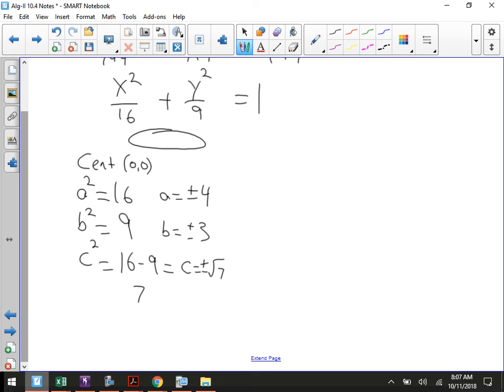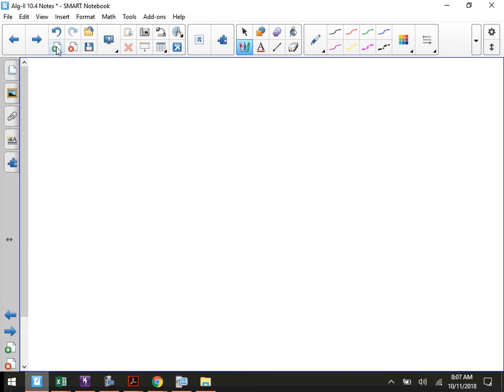But now we're understanding where things are going to go, so we start plotting this. Center's at the origin. My A value is center to vertex.